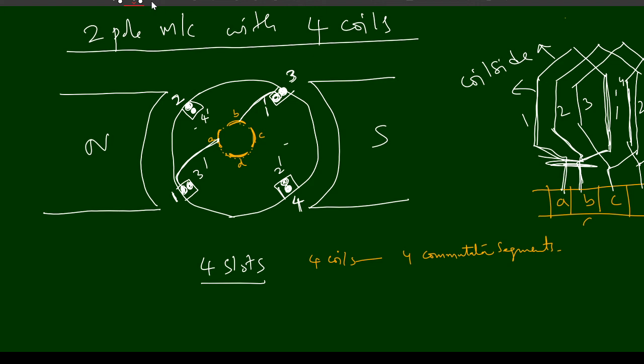Now similarly, what is connected between B and C? 2 and 3 dash.